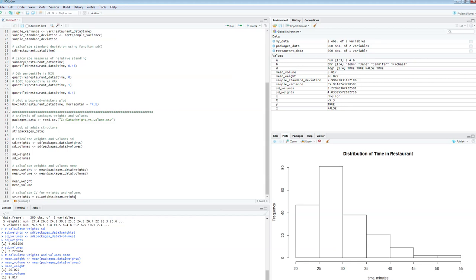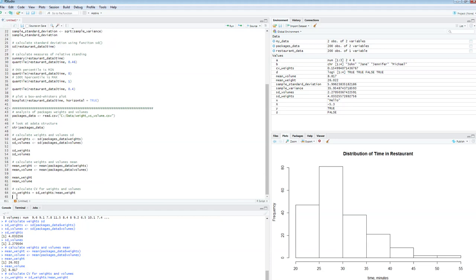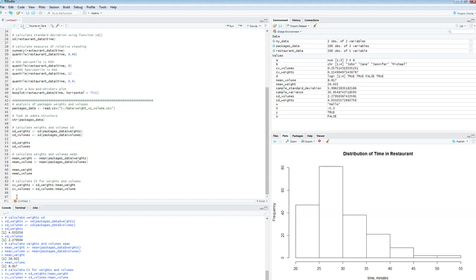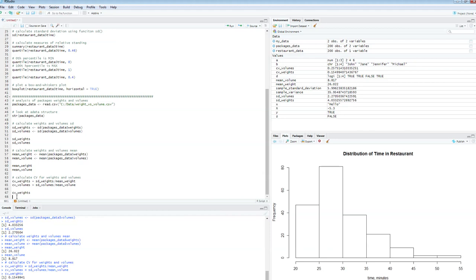SD weights by the mean weight. Okay, and similarly I'm going to calculate CV volumes, and that is going to be equal to SD for the volumes divided by mean underscore volume, right? Standard deviation divided by the mean. Okay, volume. All right, and now let's just print them out. CV for the weights, print that out, and CV for the volumes.